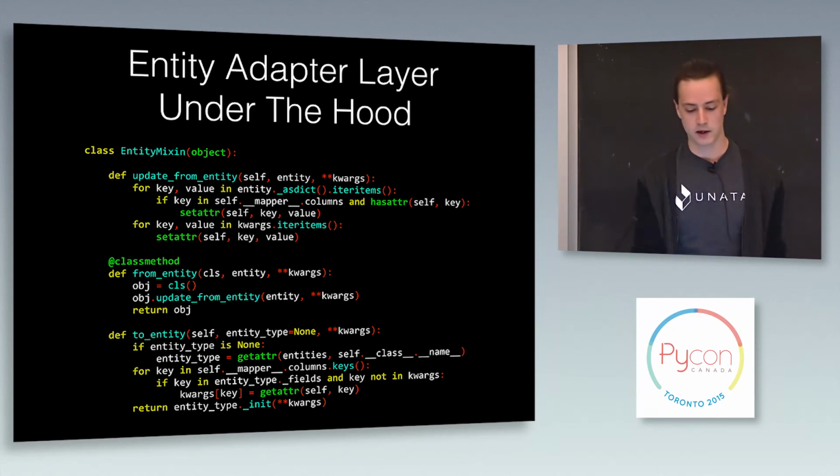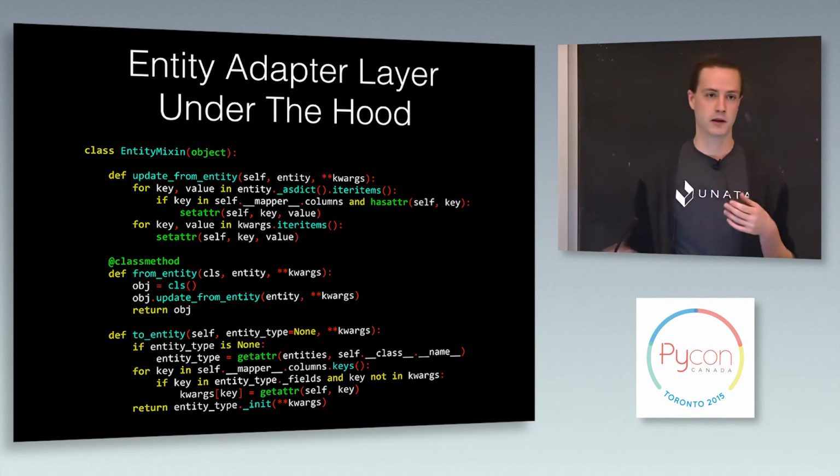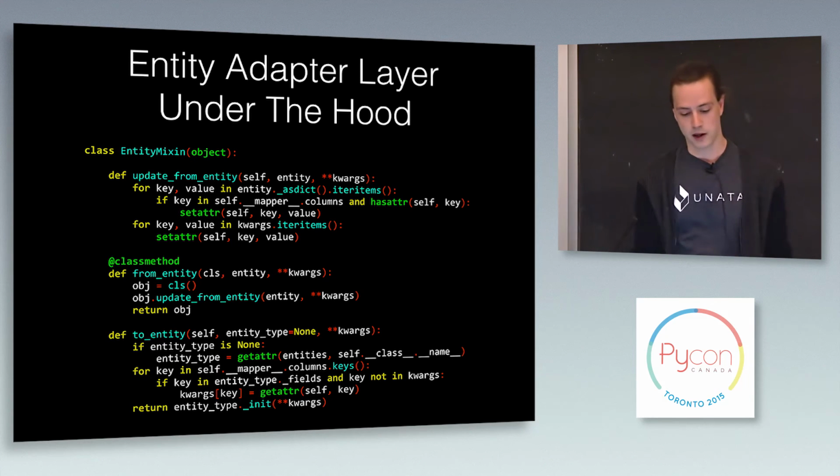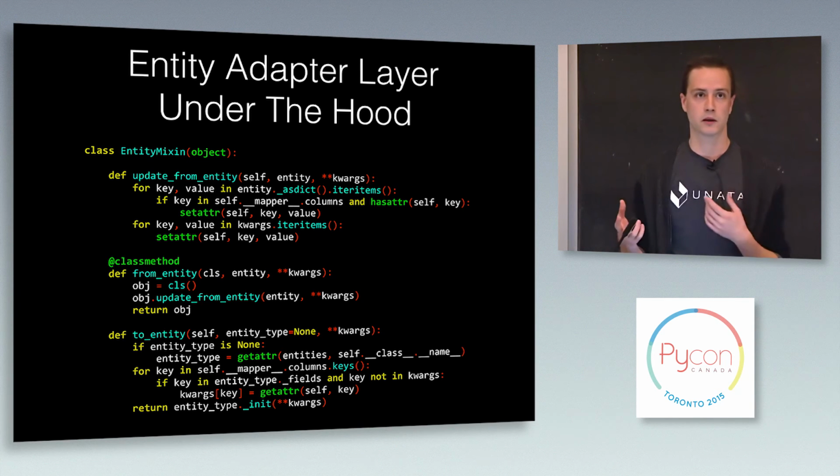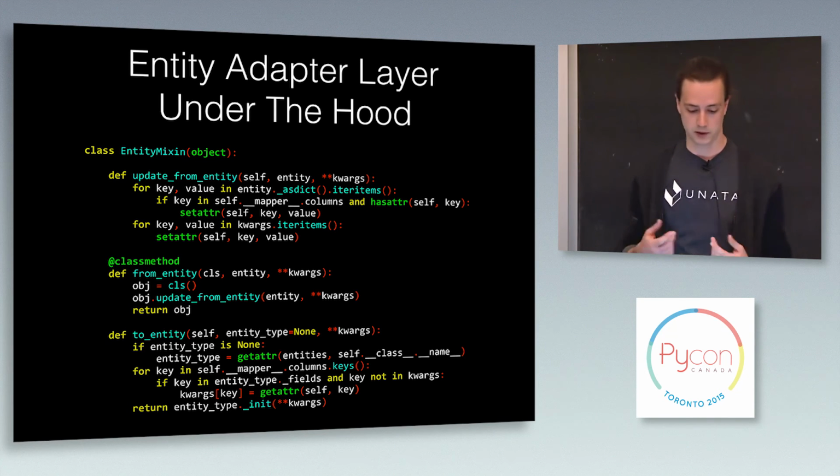In toEntity, likewise, you can pass in an entity type and anything with a common attribute name it can pull out of the model. And then you can always override this in the model you're working with if you need any extra functionality or logic to map these things.